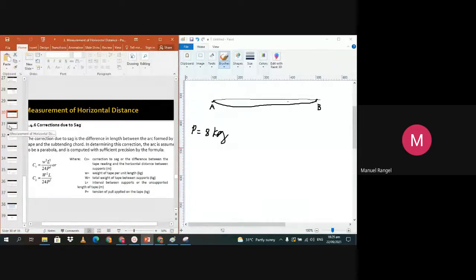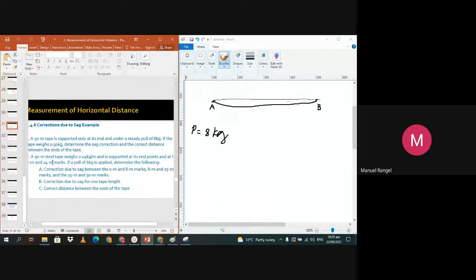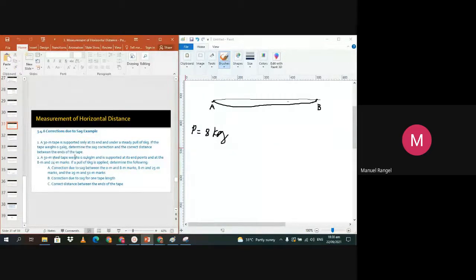What is given, W or small w? It is the tape weight, so that is big W, equal to 0.91 kilogram, and the length is 30 meters.